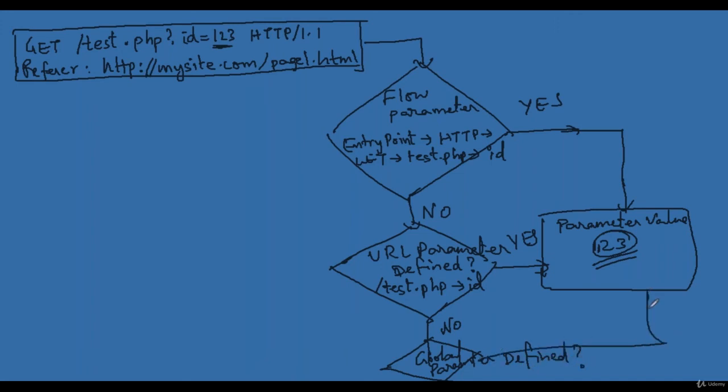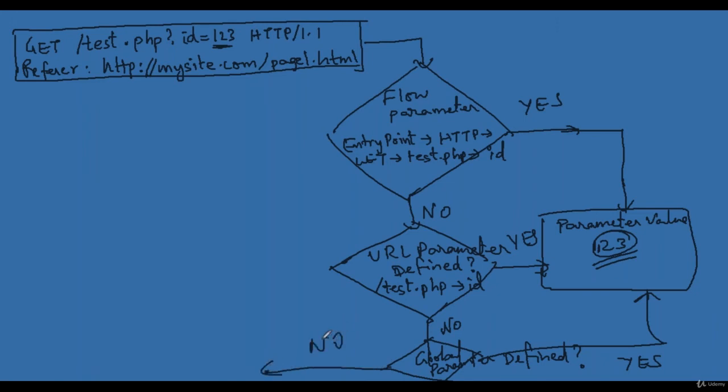If it is defined, again it will check whether that is allowed or not. If it is allowed, then it will pass on the request to the web server. Otherwise, it is blocked there itself without even passing to the web server.